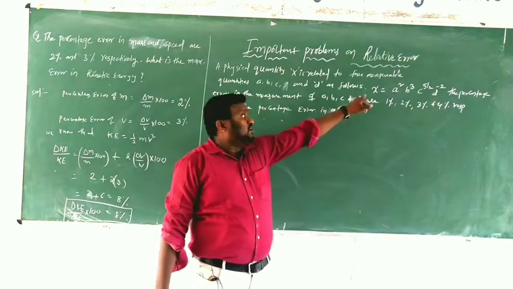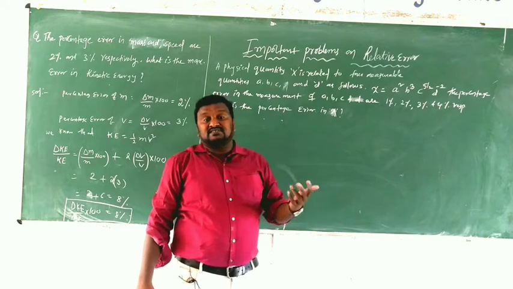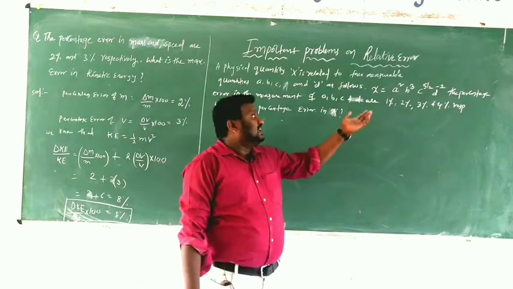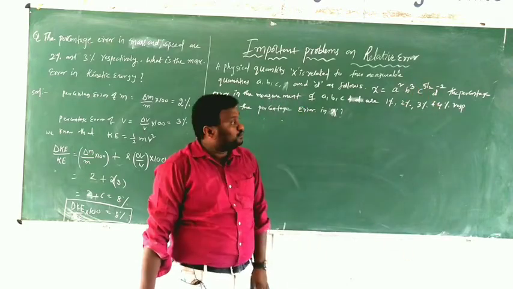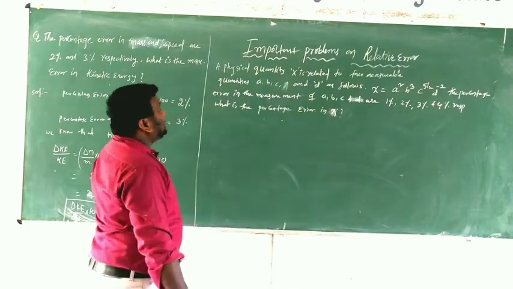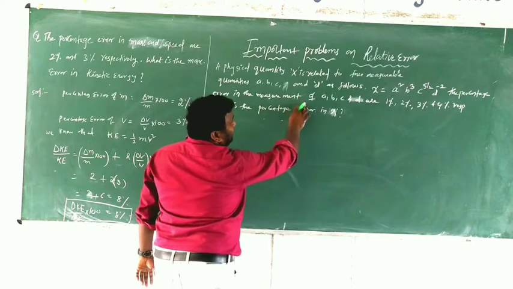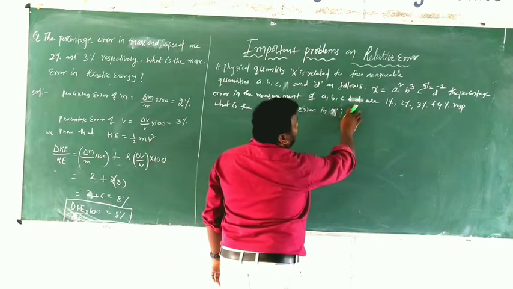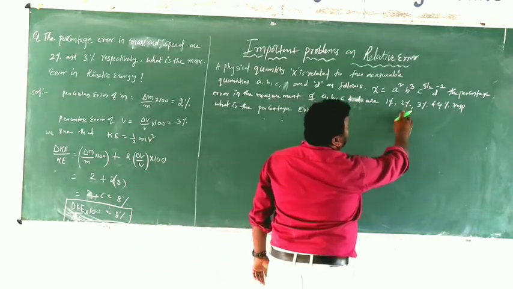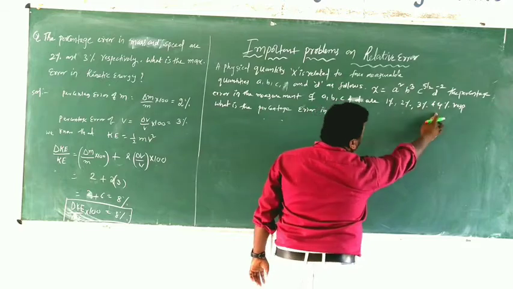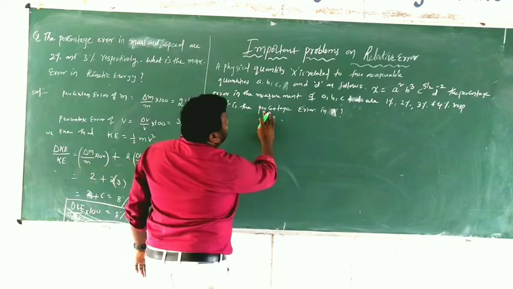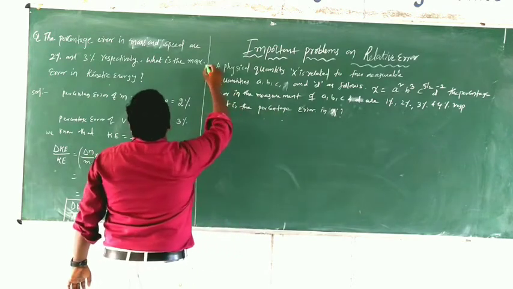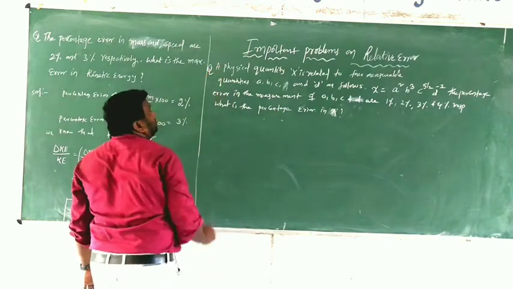That means one physical quantity is expressed by using other quantities. The percentage errors in the measurement of A, B, C and D are 1%, 2%, 3% and 4% respectively. Then what is the percentage error in X? That is the question here.